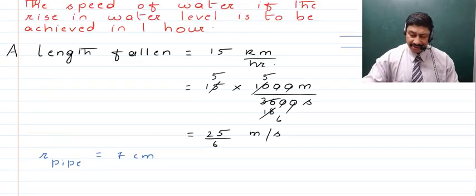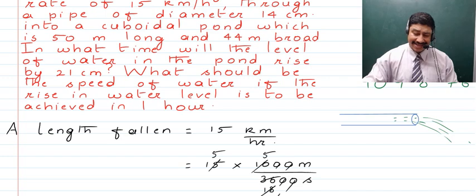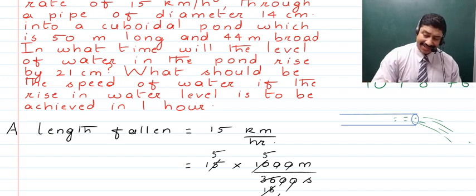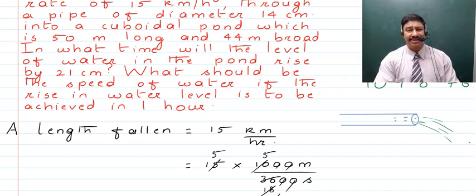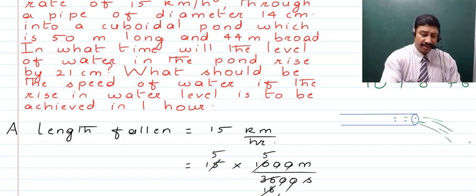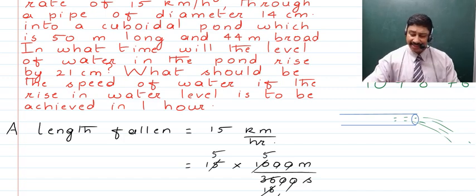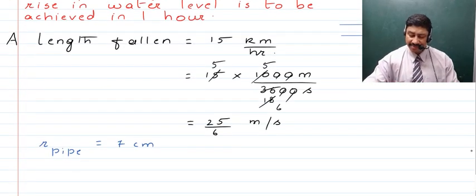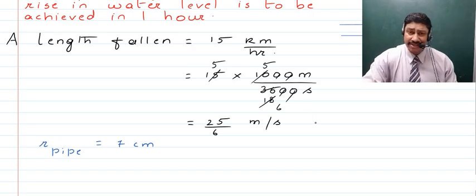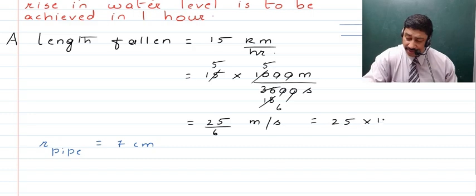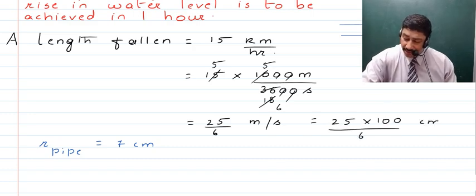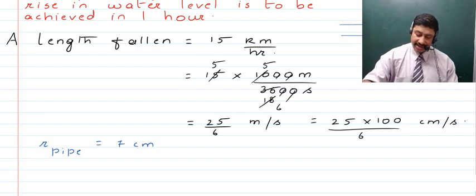Now look here, children, we have been given one length in centimeters. As this is a smaller unit in comparison to meter, obviously you will convert the unit which is in meter also in terms of centimeter. So as 1 meter is equal to 100 centimeters, this is going to become equal to 25 into 100, divided by 6, now in centimeter per second, right?